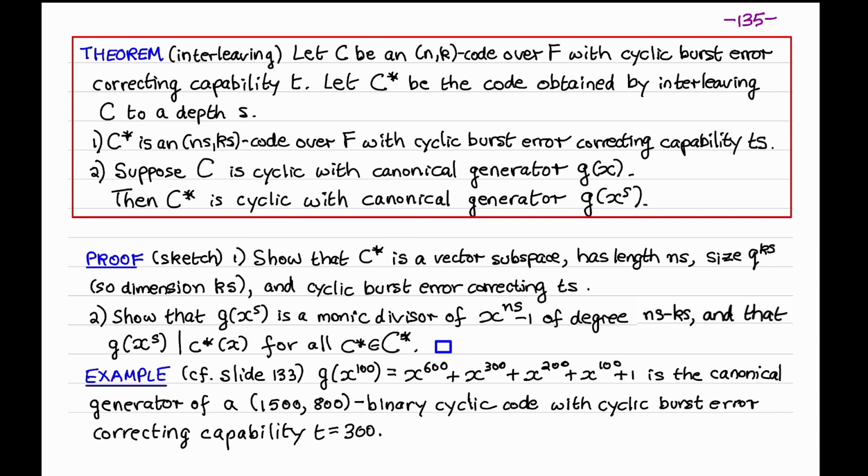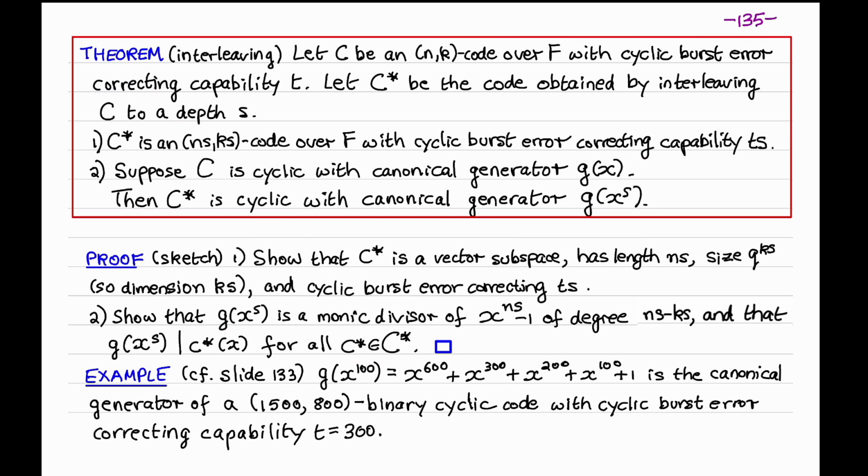For the second claim, you need to show that g of x to the s is a monic divisor of x to the ns minus 1 of degree ks. This isn't hard to do. And then you should show that g of x to the s divides c star of x for all code words little c star in the code C star.